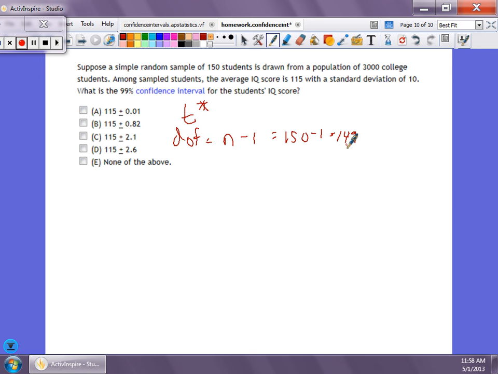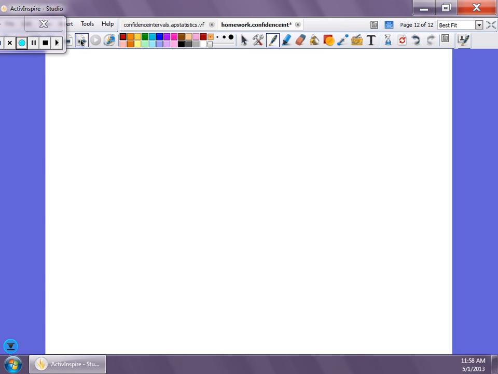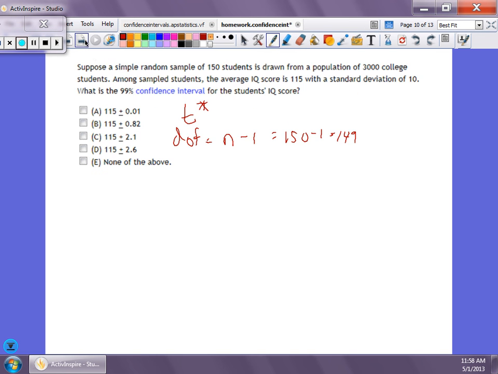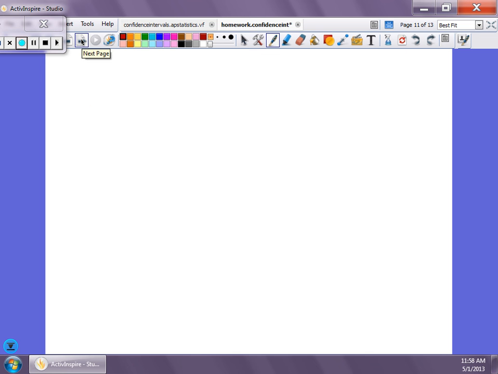And the final problem for today, which I forgot I don't have on here, but this is a difference between two means. Difference between two means will be a t-distribution problem. So we need to find our t-star value. For the last problem, you need a t-star. Your degrees of freedom will be your sample size minus 1, so it will be 21.